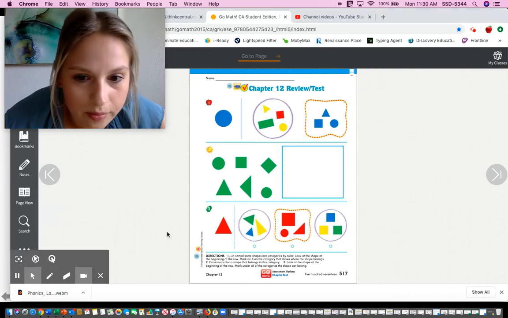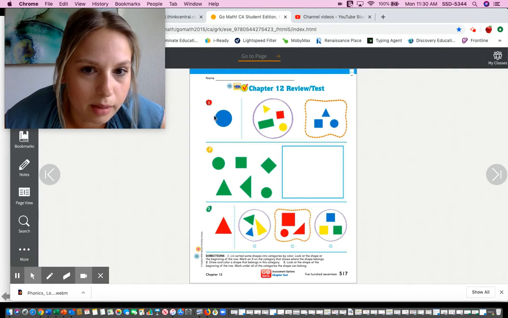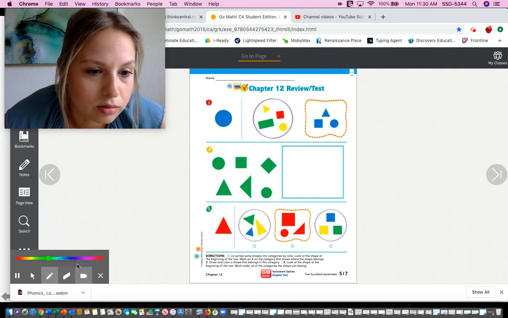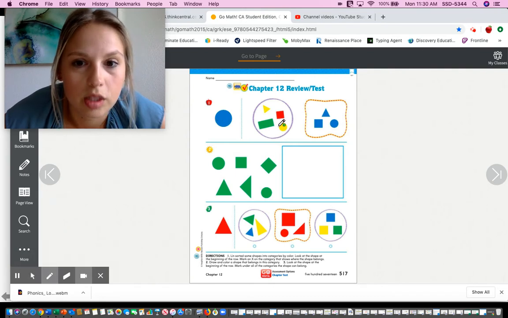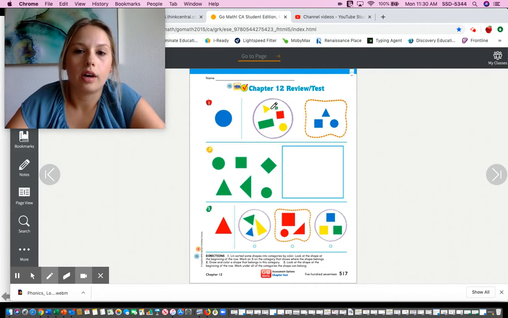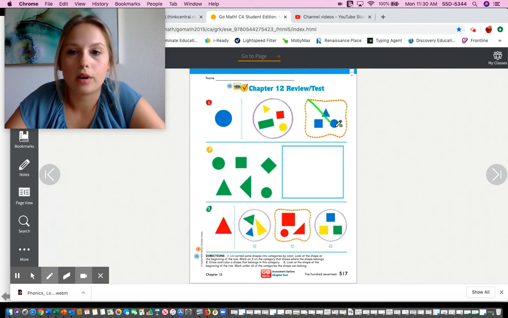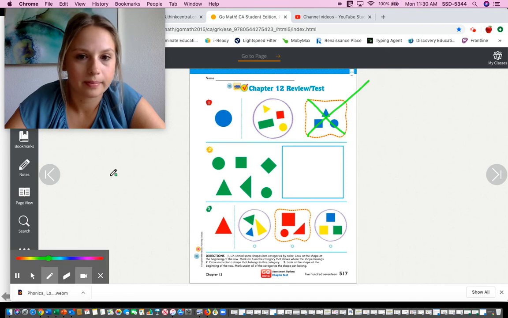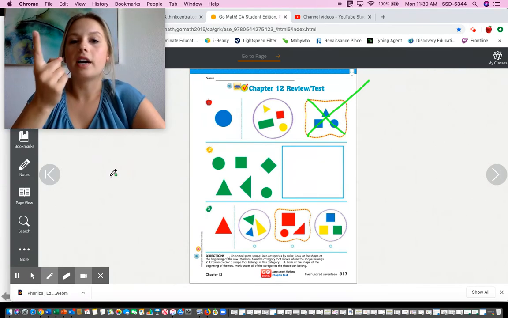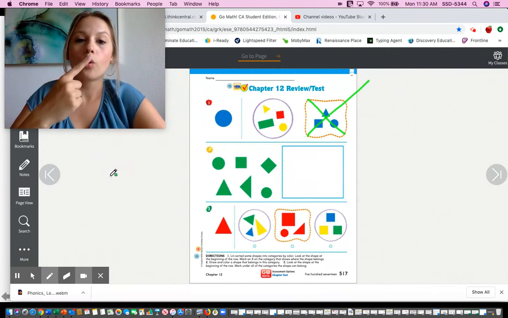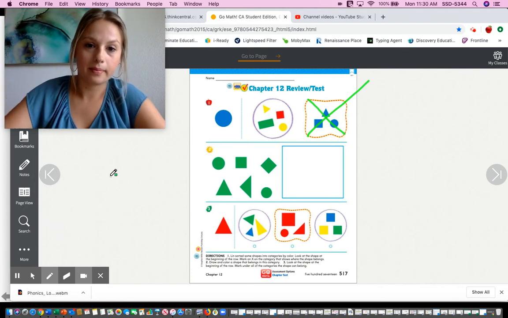They're blue. So where do you think the blue circle belongs? Does it belong with the yellow, red, and green shapes or the blue shapes? The blue one. So put a big X. X marks the spot for this one. Good. Find yellow sun number 2. Put your finger on it.